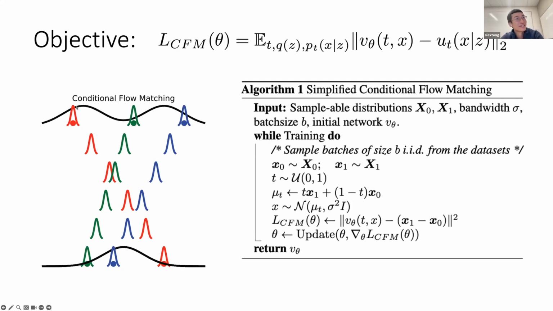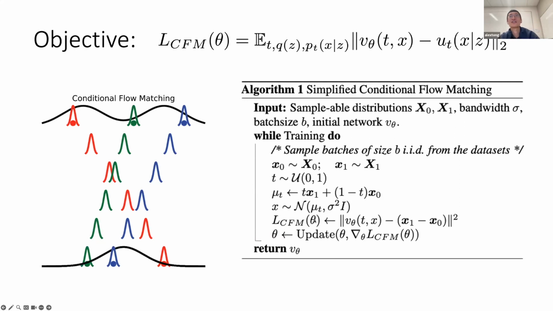Algorithmically, this is the simplest way to do it. We call it independent conditional flow matching in the paper, but it's similar to a zero-noise rectified flow or a stochastic interpolant with a specific schedule. There are many different ways of talking about it, but the basic idea is you sample from both time zero and time one, select random t's for each sample, calculate the mean of the Gaussian, add a little noise if you want, and then regress against the target vector field, which in this case, because the Gaussian has the same standard deviation over time, is just x1 minus x0.